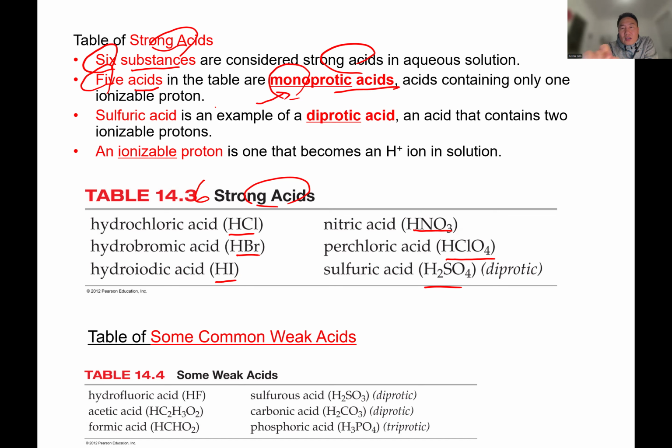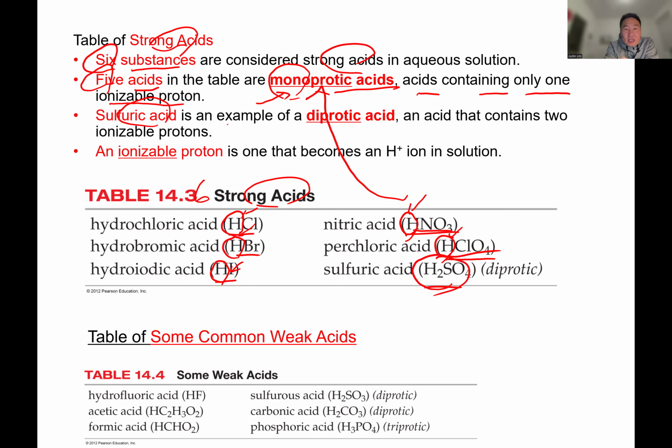That's one, okay? An acid containing only one ionizable proton. For example, HCl, HBr, HI, HNO3, HClO4. You can see only one ionizable hydrogen. That's a monoprotic acid. So there are 5 strong monoprotic acids: HCl, HBr, HI, HNO3, HClO4.